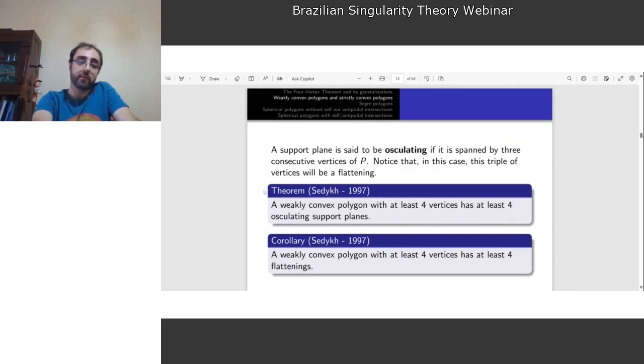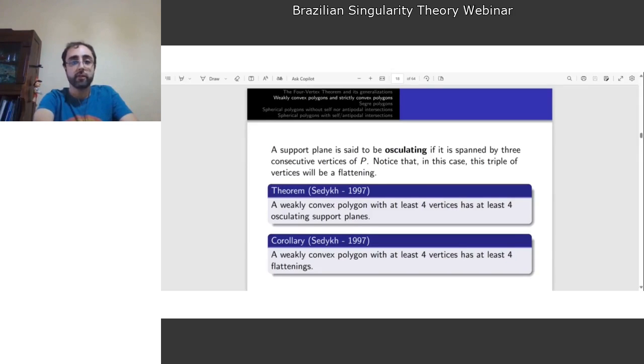Sadiq proved in 1997 that a weakly convex polygon with at least four vertices has at least four osculating support planes. We assume at least four vertices because we don't want to deal with the degenerate case, such as a triangle. A corollary of this result is the following.